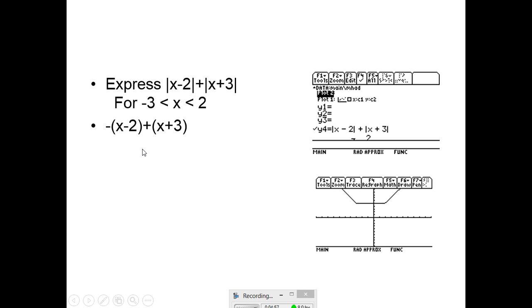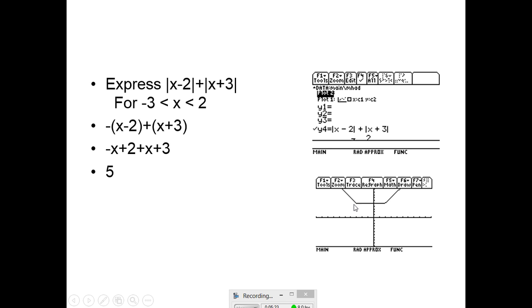So here's how we can rewrite that. Between negative 3 and 2, all values going into x minus 2 will be negative, so we have to take the opposite of x minus 2. All values going into x plus 3 will be positive, so that is left with no impact. So we do the algebra, we tighten up, and we see 5.